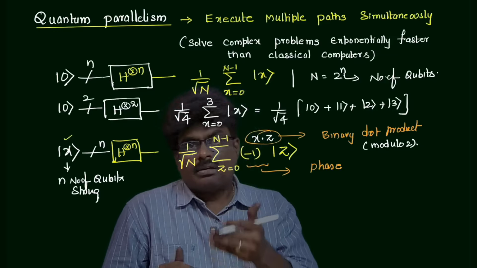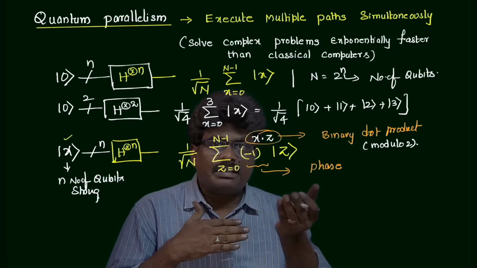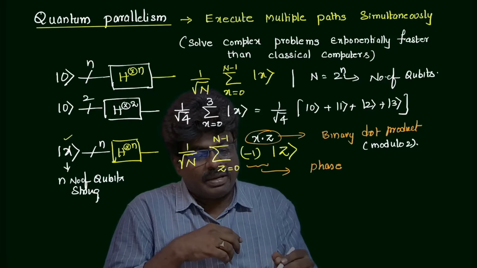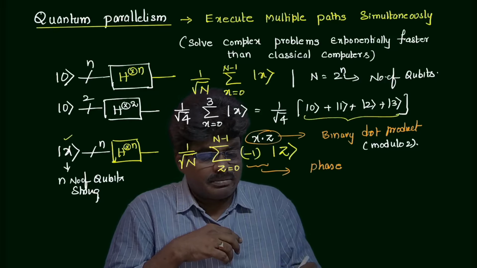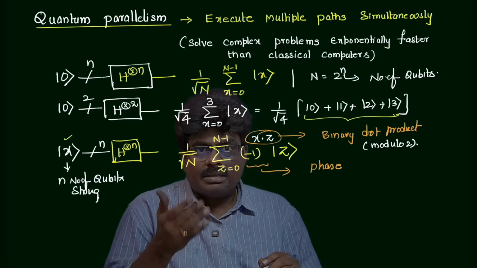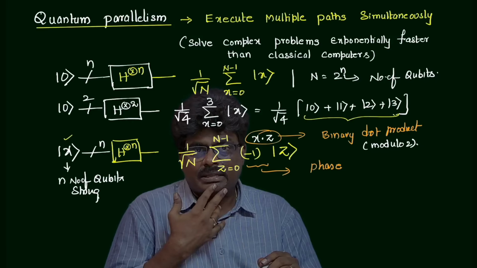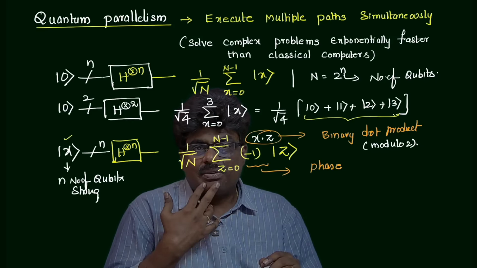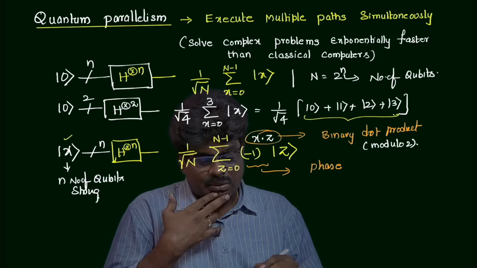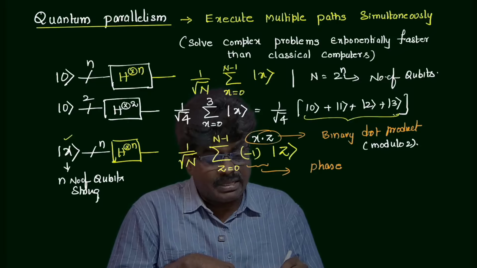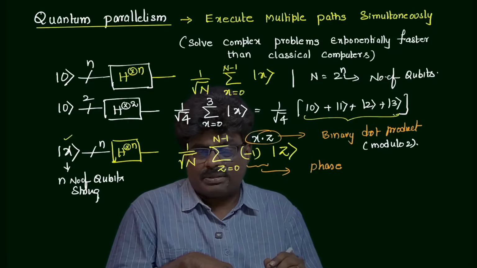If all inputs are 0, we will always get the phase factor plus 1, that's why here we have all plus. But other than 0, if for example you have 110 or 111 like that, then some phase factors will be there. That is minus 1 to the power x dot z, where x dot z is the binary dot product.